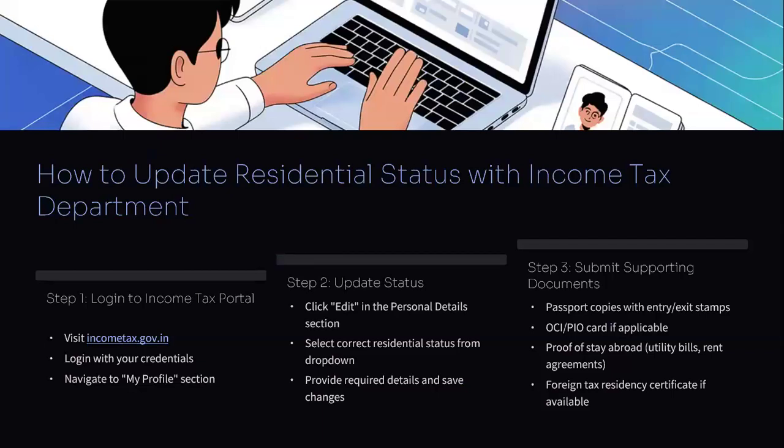But in actual practice, when you're filing a return, you first have to log into incometax.gov.in. You have to fill in your details, that is, where you're earning, what is your salary, your PAN number, TAN number, and so on. Your PAN number will have all the details regarding your bank accounts, your employment, your Form 16, Form 26B.